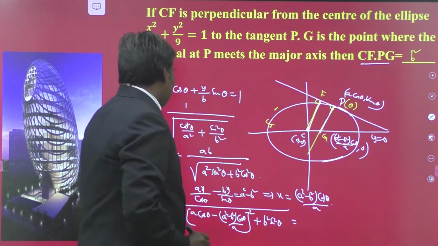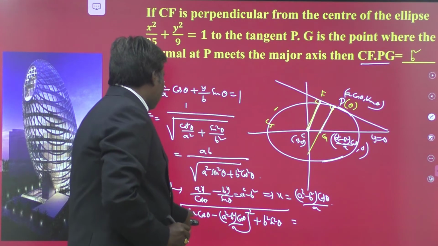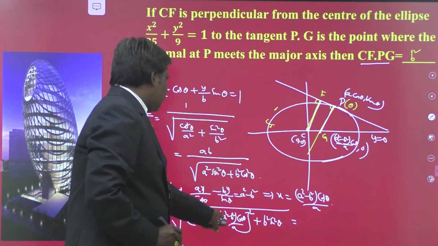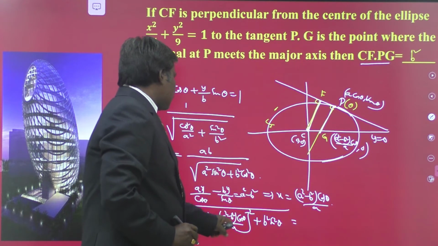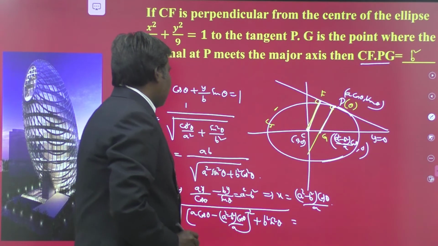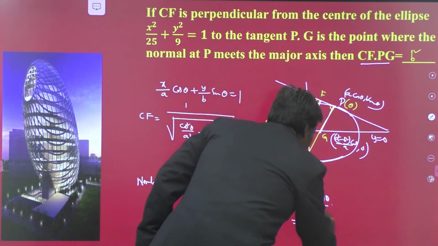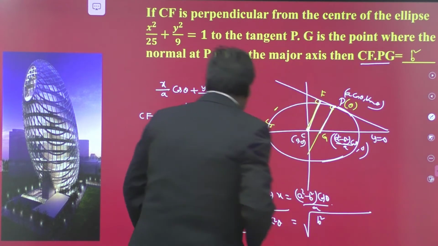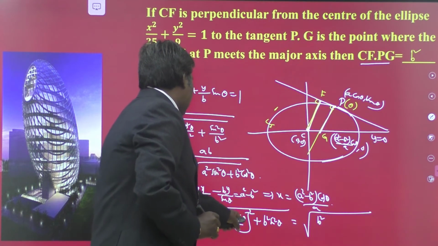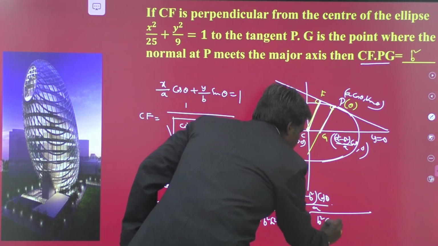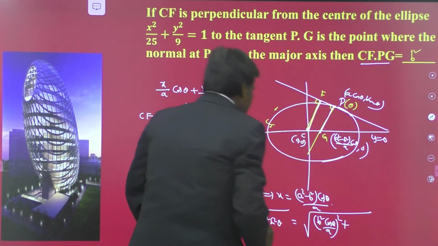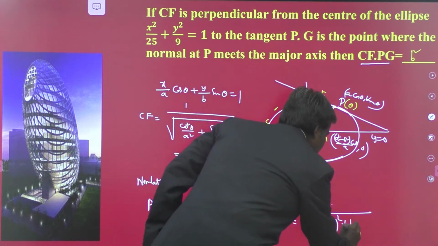On simplifying this one, see here, A into A square cos theta by A, A square cos theta minus A square cos theta gets cancelled, minus into minus plus, B square cos theta by A whole square, that is B square cos theta by A whole square, plus B square sin square theta.